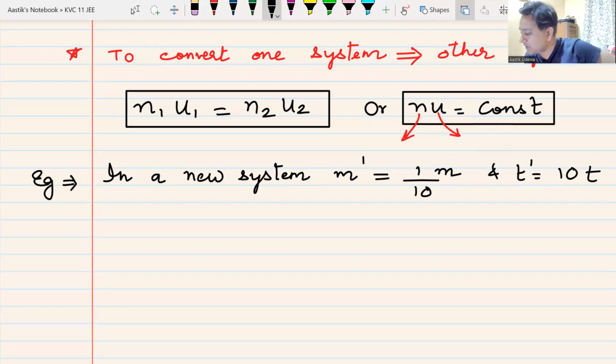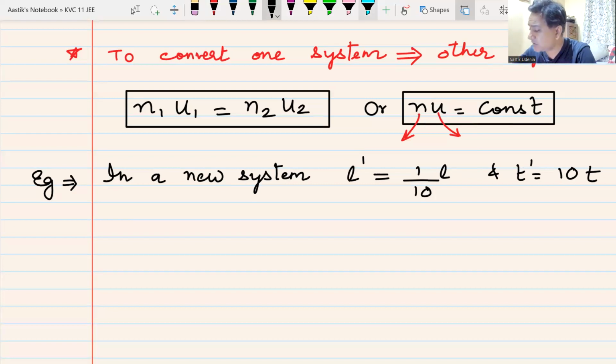And t dash is 10 times t. Since I have written there t, let me write this as l dash and write this as l. Okay, that would be better. L dash is the new dimension of l.